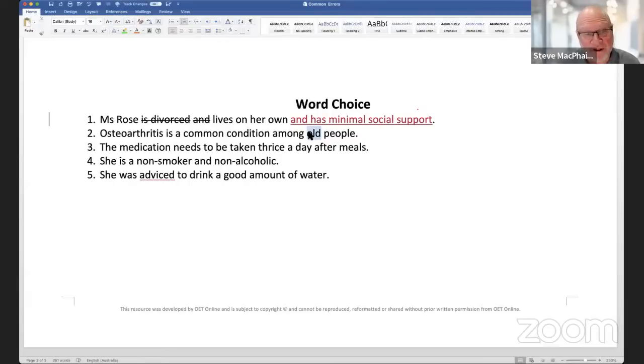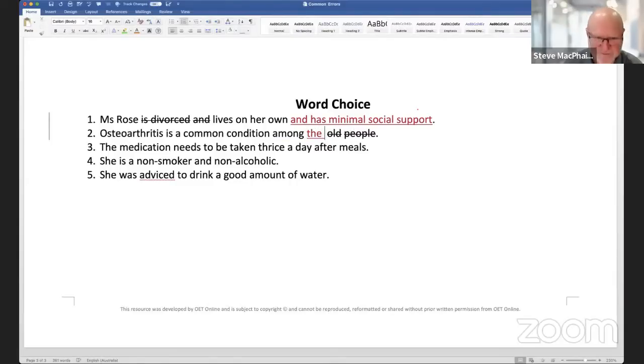Osteoarthritis is a common condition among old people, not old. Someone said older people, no. Elderly, getting closer. Different answers coming through. Yes, elderly, among. And we'll normally say the elderly as a group of people, among the elderly.